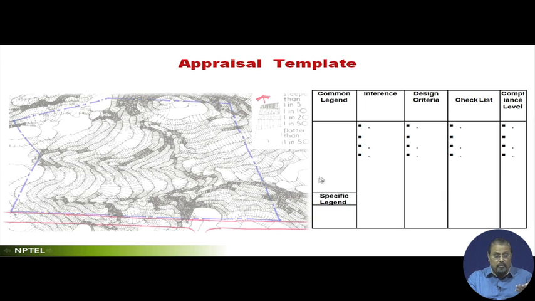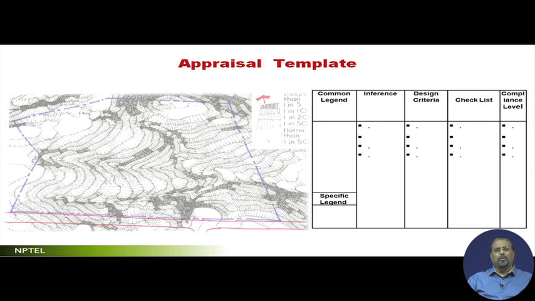The survey detail comes to your table and you create the inferences and also work out the design criteria. If you leave it at this level, another expert takes it up and sets the design criteria. Along with the design criteria, he may also set the checklist, and then it goes to the designer, who checks how much he could conform to the checklist by compliance. So it's a teamwork.